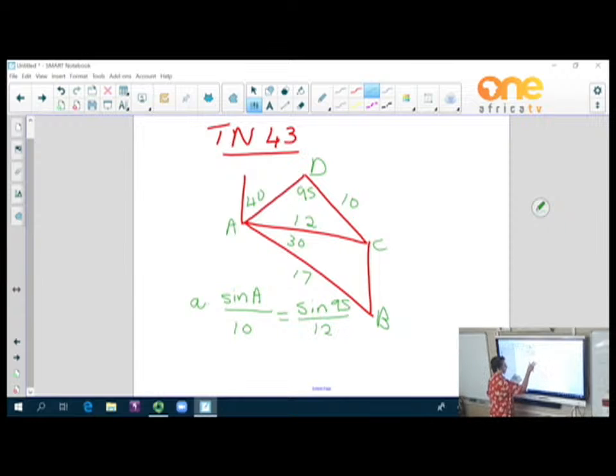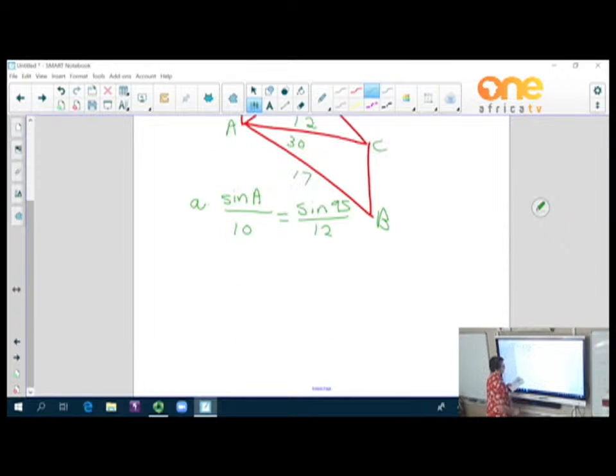Can you see? Opposite sides, opposite angles. That is what we're going to use there to calculate that one. You want to find the angle, so it will be second function, your answer. And I got 56.1 degrees. It's necessary that you first do the exercises and then mark them.